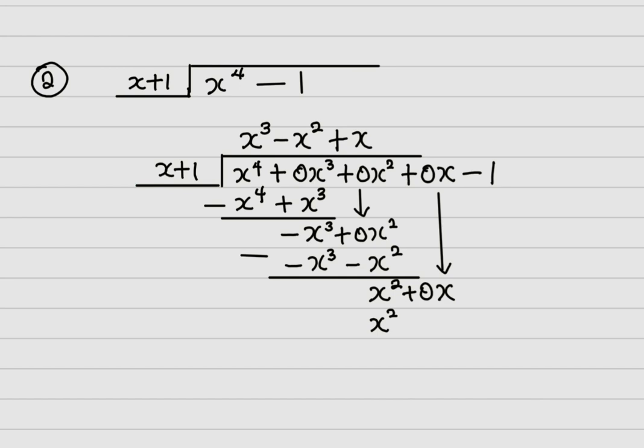Remember, x times x squared, then plus x. I will now subtract. On subtracting, this x squared will cancel out, and I'll be left with minus x. Then I'll bring down the last, which is a constant term, which is minus 1, sorry. So I have minus 1.